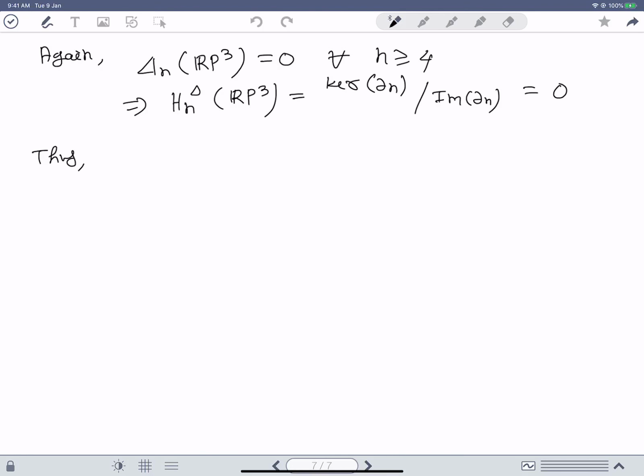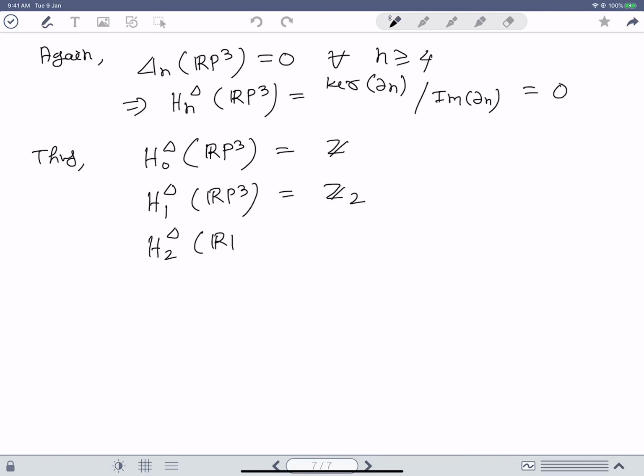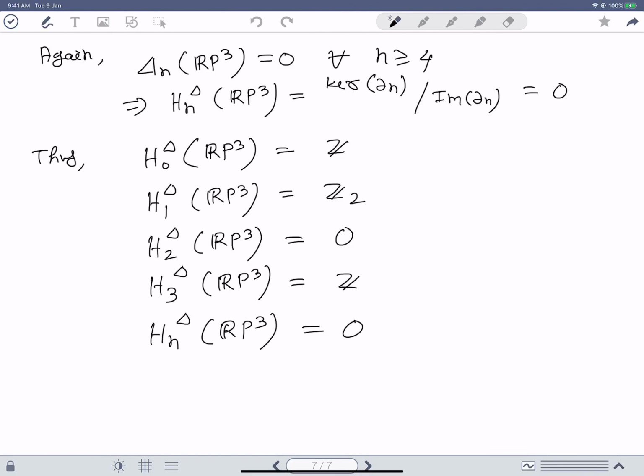Thus you can say H0, that is zeroth homology of RP3, is Z, first homology of RP3, that is Z2, second homology of RP3, that is 0, H3 of RP3, that is again Z, and for others, that is 0 for all n bigger or equal to 4.